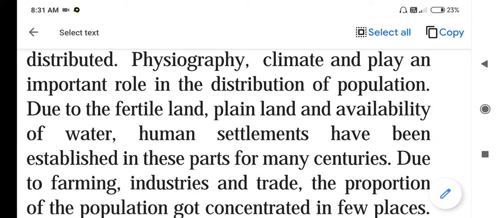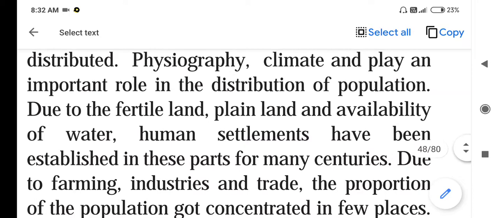And where there is availability of water for agriculture, plain land should be there. So here the people will not suffer. It is very easy for them on plain land to build their houses, roads, construction, roadways, transportation, and all those facilities. So people will give priority to living in the areas where they face fewer physiographic and climatic challenges.